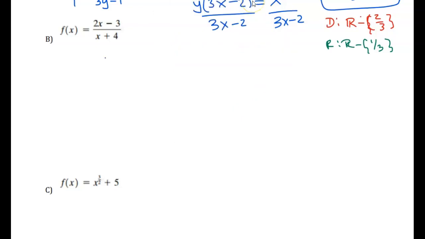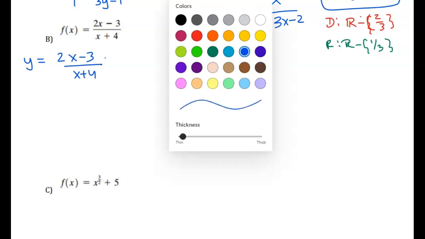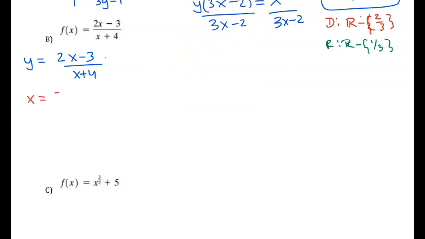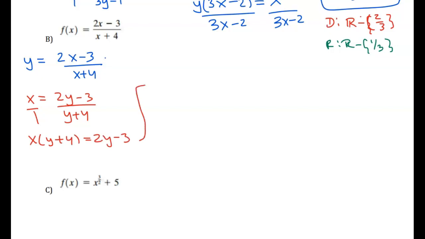All right, let's look at this one. So write it in terms of y. y is 2x minus 3 over x plus 4. Switch x's and y's. So x equals 2y minus 3 over y plus 4. Cross multiply. So x times y plus 4 equals 2y minus 3.